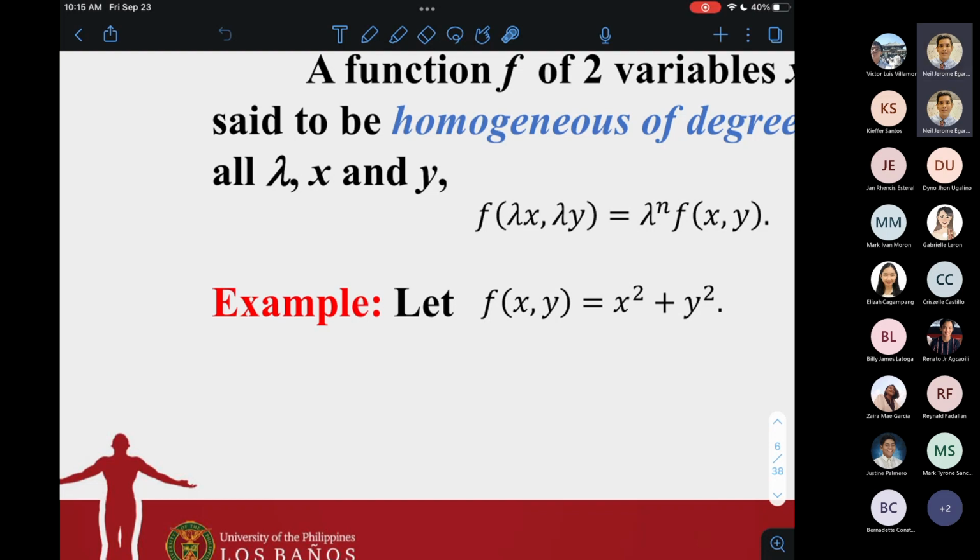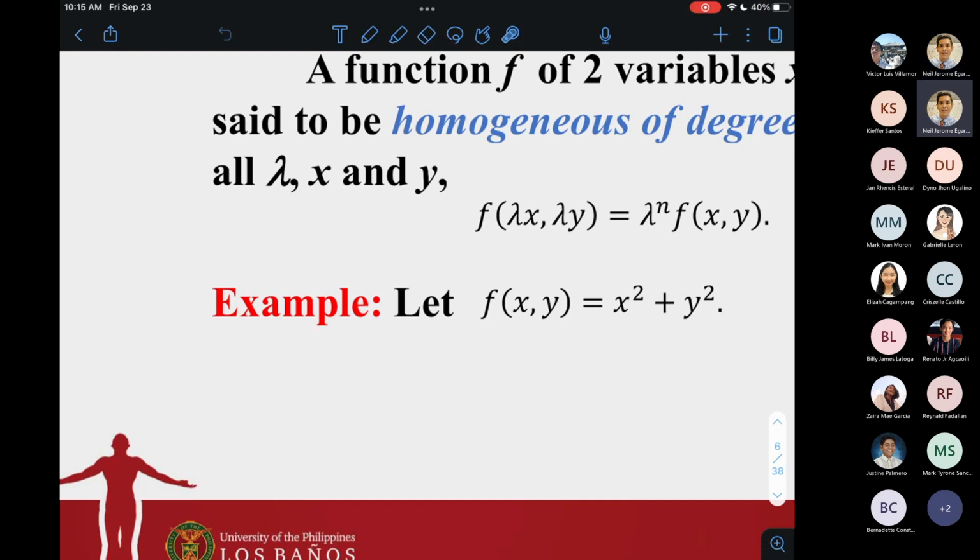And I'll try to see if I can factor out the original expression for f. Tapos ang natitirang multiplier dapat ay lambda to some power. Okay? Yung power n, it depends on the situation, but we are free to choose the value of n. Pero dapat si lambda, si x, at saka si y ay arbitrary. There should be arbitrary real numbers.